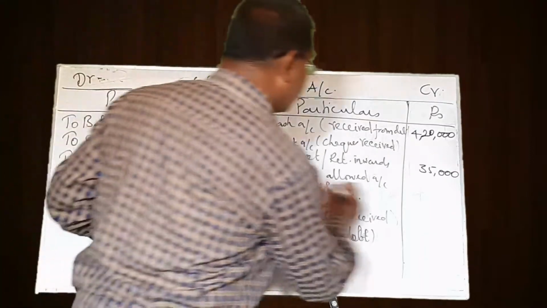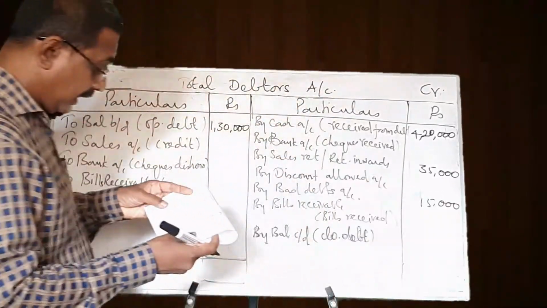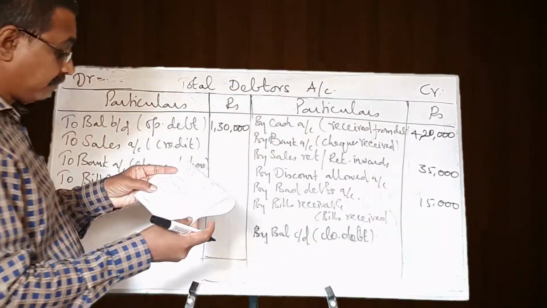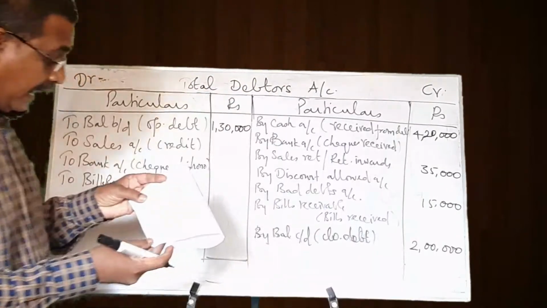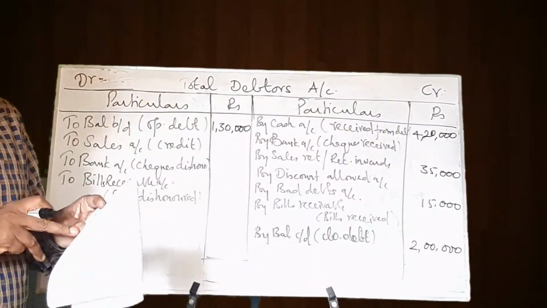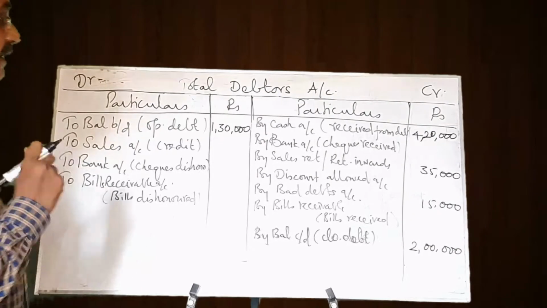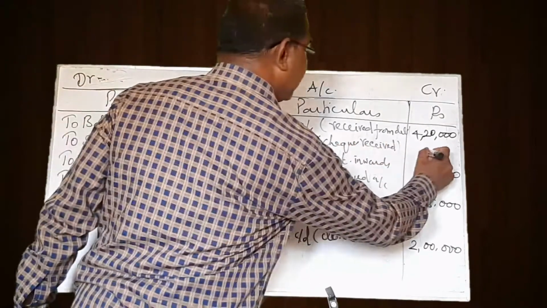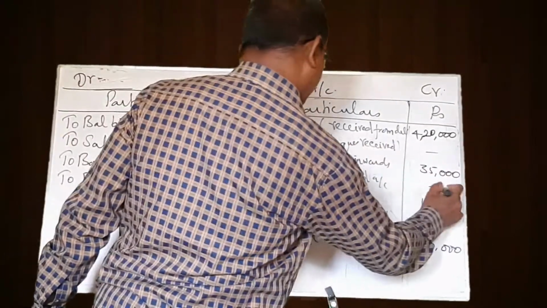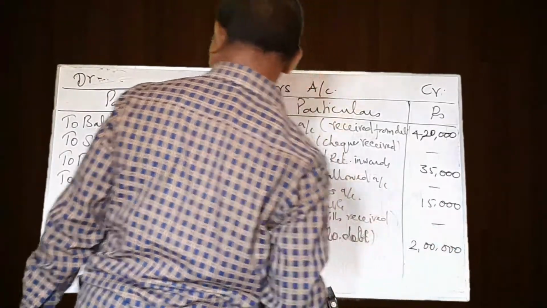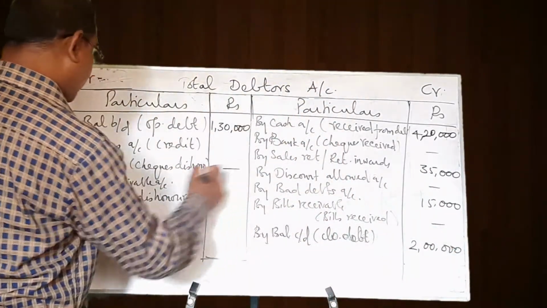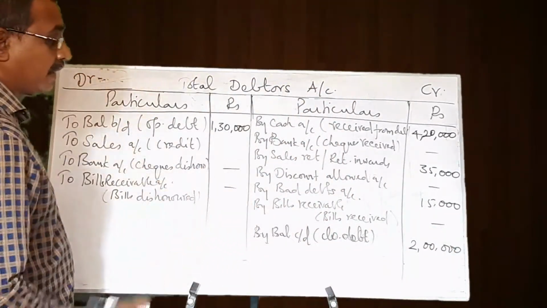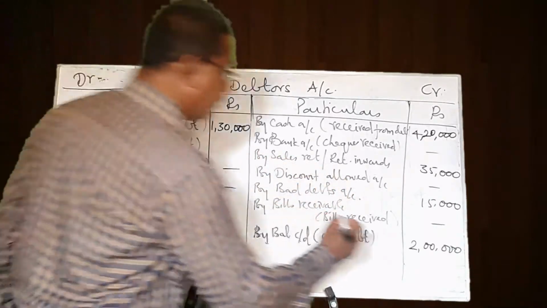Bad debts 15,000. Debtors on 31st December 2 lakhs. And cash sales, we need not take that cash sales. For the remaining things, make dash. Cheques received, no. Discount allowed, no. Bills receivable, no. And bank dishonor, no. Bills receivable dishonor, no. Now, go for balancing these two.